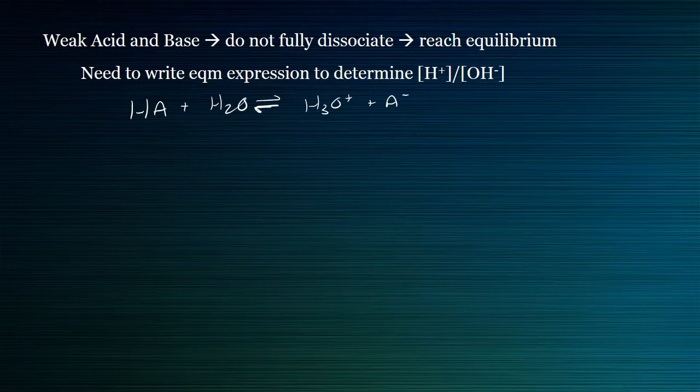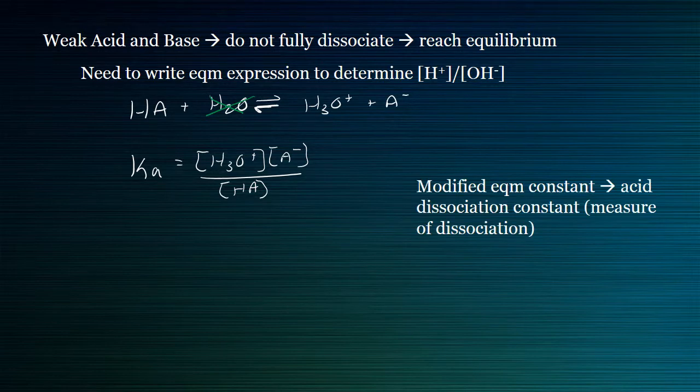Well, just like with the Kw, we can ignore water because it's a constant, right? So we're going to ignore water because it is there, it is constant, and Kw is taking that into account. So that means we have Ka, which is your acid dissociation constant, equals either H+ or H3O+, they're the same thing, times A-, which is your ion, over the concentration of your original parent acid.